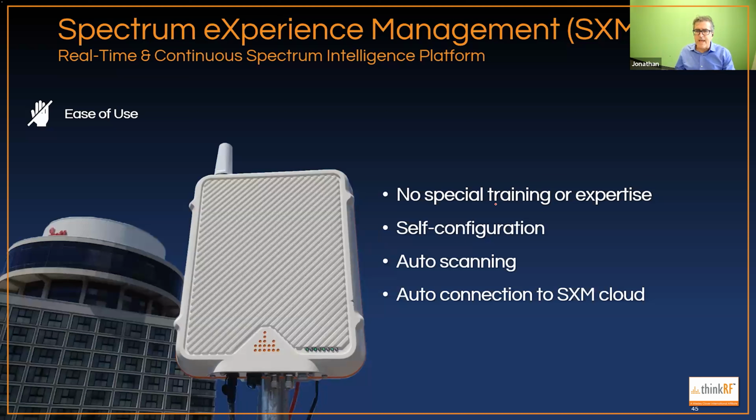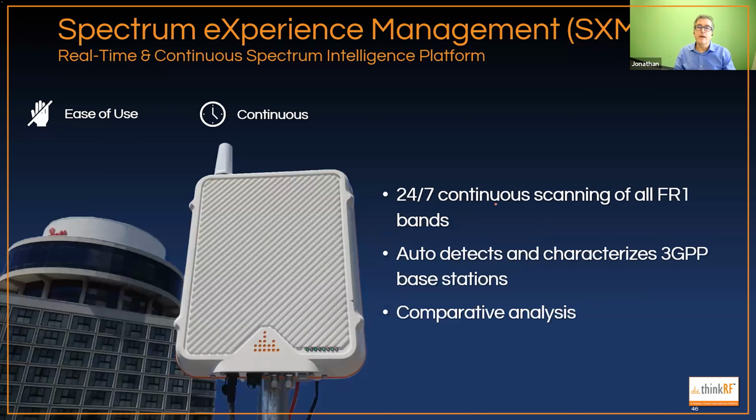It auto scans the environment and auto connects up to the cloud. There is literally nothing for an installer to do except mount it and provide power, and it will start operating. This has proven really important as we're installing tens, and we've probably got several hundred out there. As these are being installed, you want them to be easy to install.